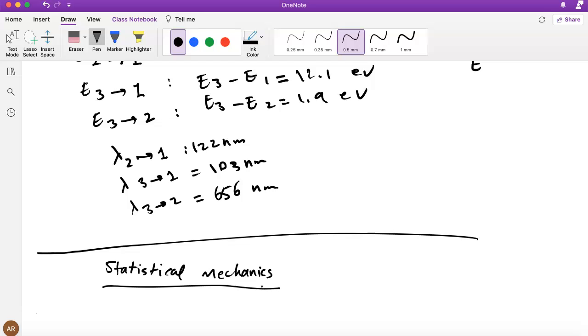So when we were talking about quantum mechanics, basically, let's take a step back. So we talked about the time-dependent Schrödinger equation that governs the dynamics of quantum systems, and then we talked about stationary states that give rise to time-independent probabilities for measuring various observables.